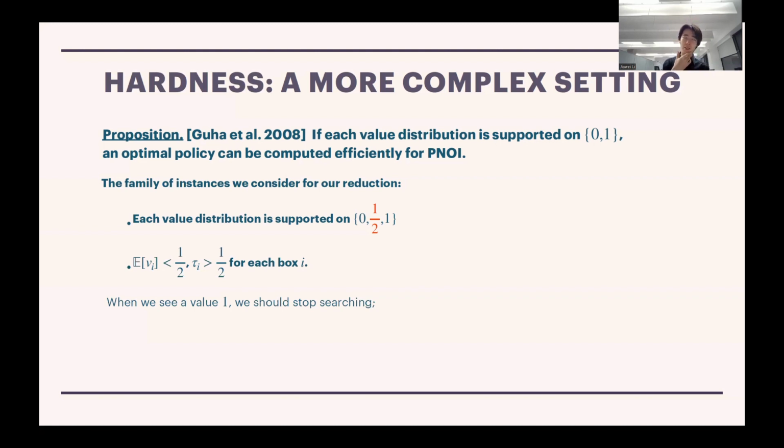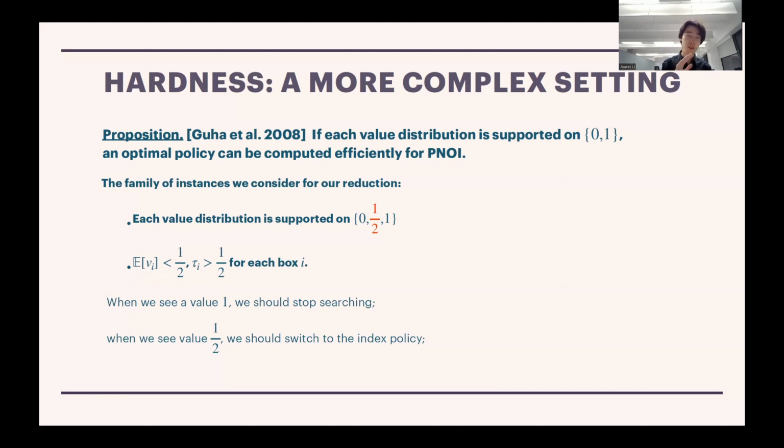So now let's consider the optimal policy for this kind of instance. If you see a value 1, this is the best you can get. You should stop any more searching, right? You already get the best value. If you continue, you will only pay more search cost. And if you see a value 1/2, notice that 1/2 is greater than all the expected values.